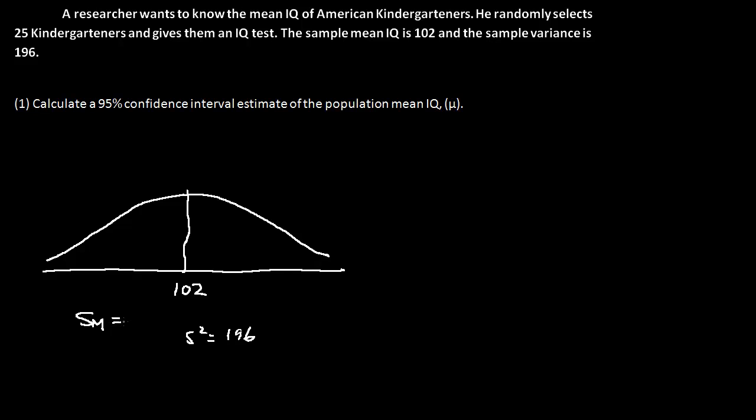standard error would be 196 divided by 25, and then the square root. Actually, it's quite easy. Oh, wait a minute. 196, 169, 196.